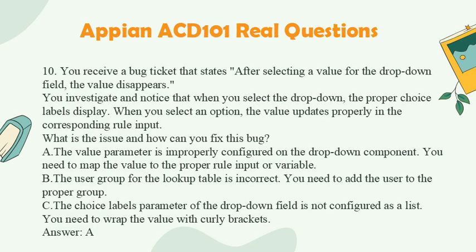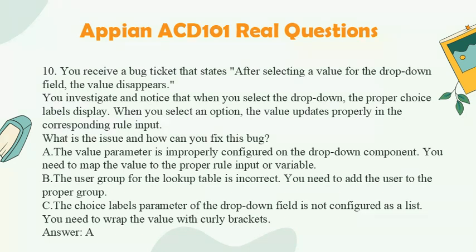10. You receive a bug ticket that states, after selecting a value for the drop-down field, the value disappears. You investigate and notice that when you select the drop-down, the proper choice labels display. When you select an option, the value updates properly in the corresponding rule input. What is the issue and how can you fix this bug?